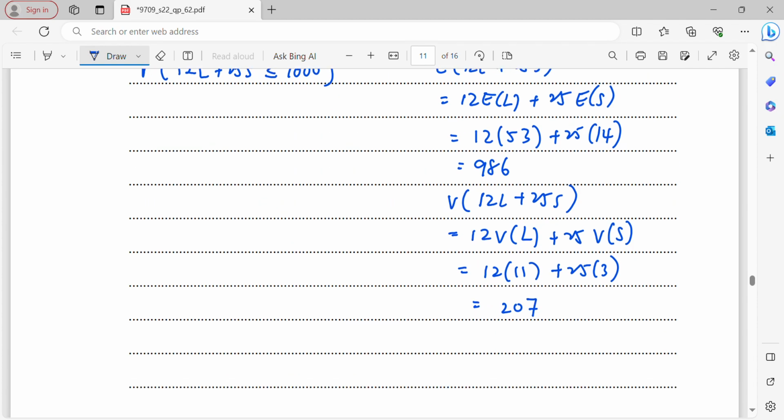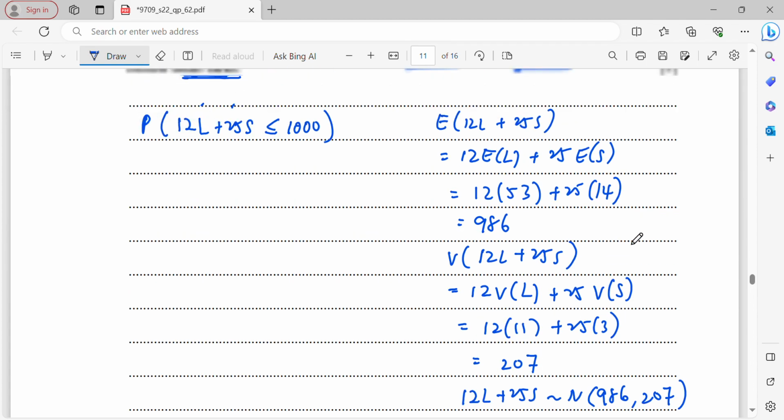So with this, my distribution for 12L plus 25S is going to be 986 for the mean, and the variance is 207. Now with this, I can standardize the variable. It becomes Z less than or equal to 1000 minus 986 over square root of 207.